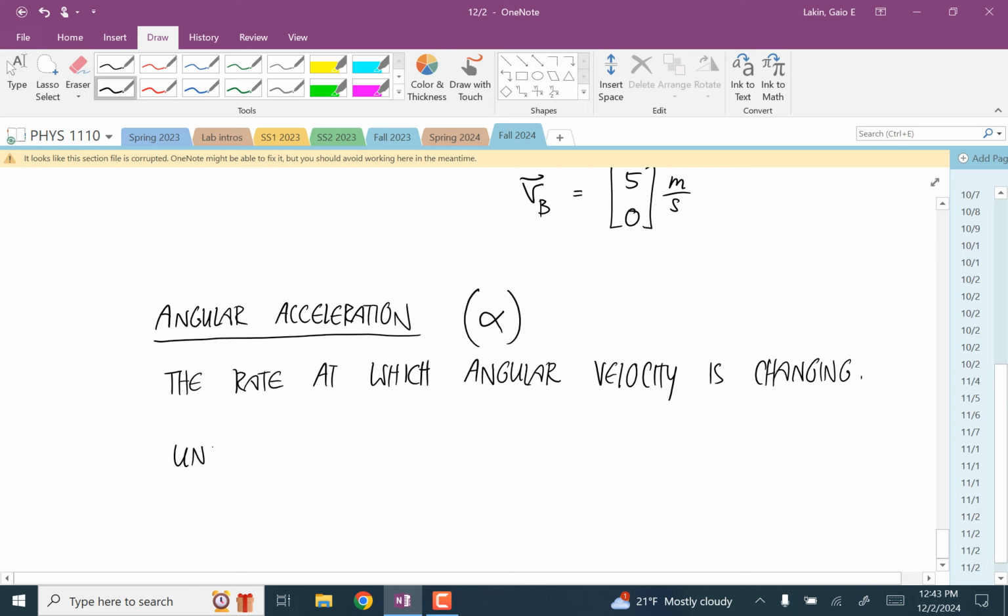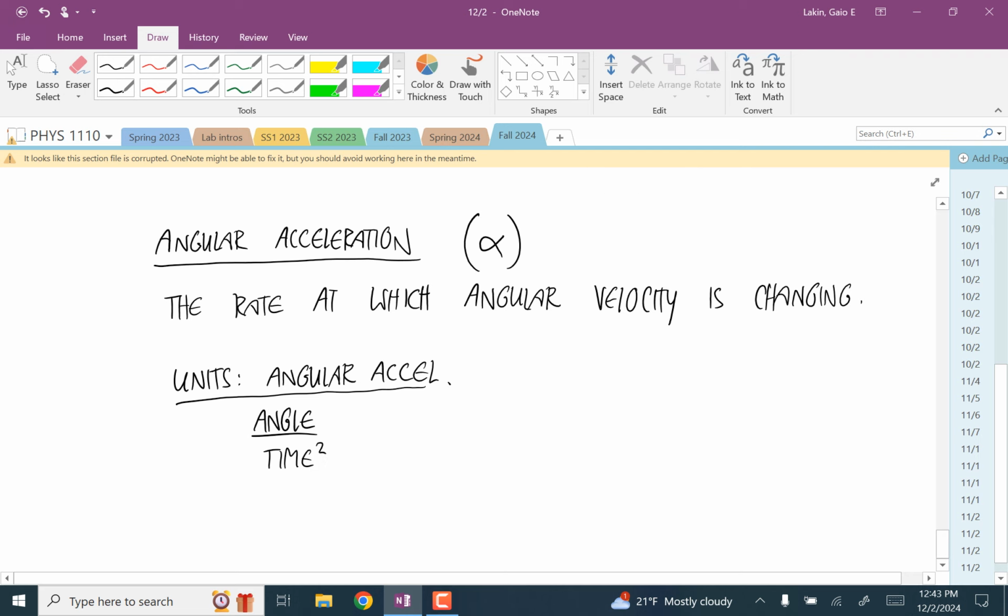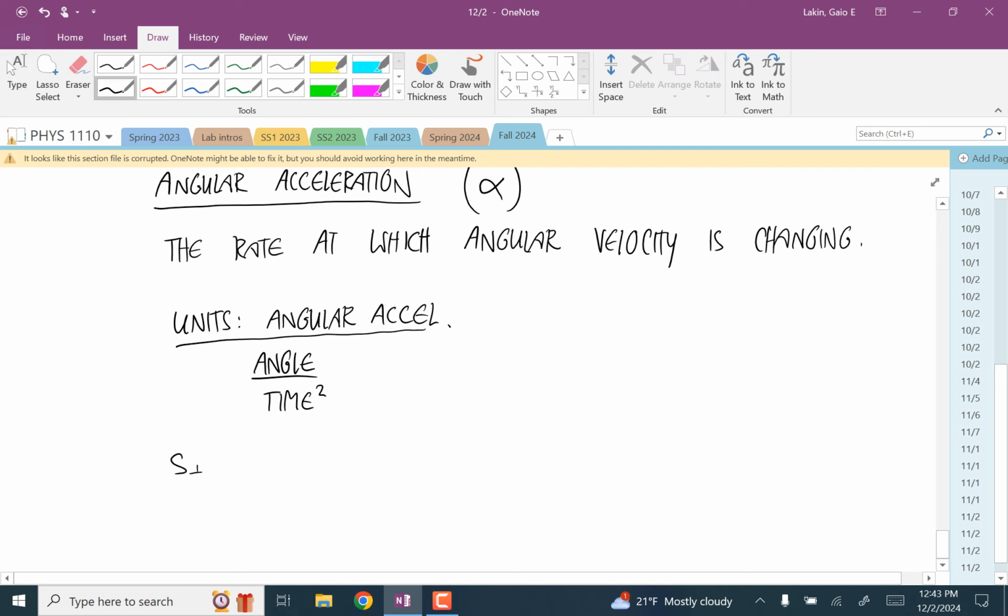The units for angular acceleration are angle divided by time squared. And so the SI units are radians per second squared.